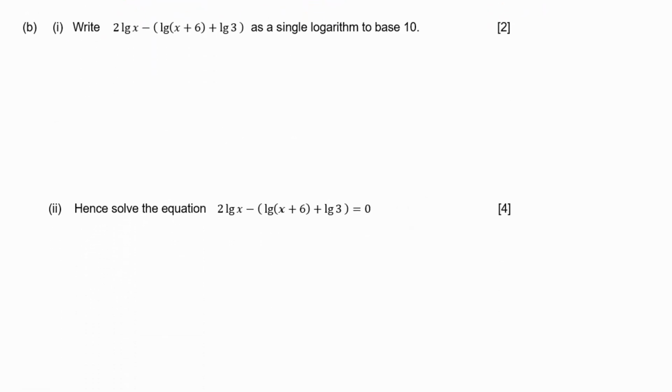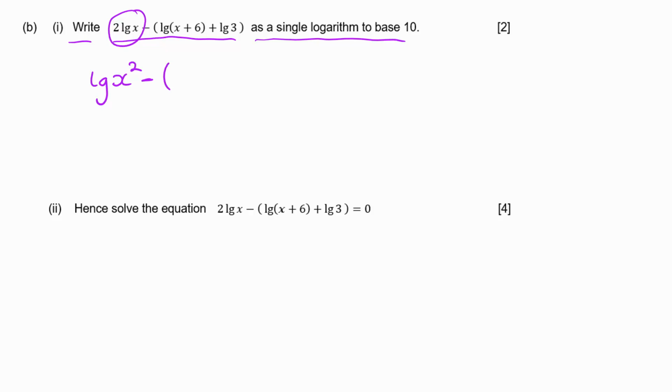We're now asked to write this expression here as a single logarithm to base 10. Now, there is a log law I can apply to this term here, which says that we can slide the 2 inside and it becomes a power on the x.